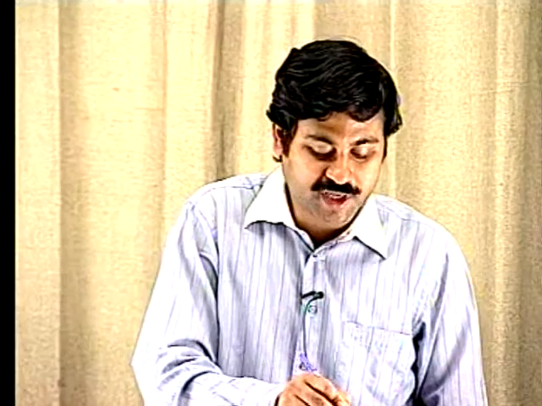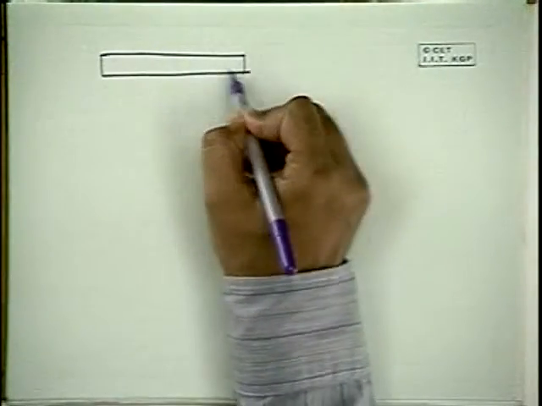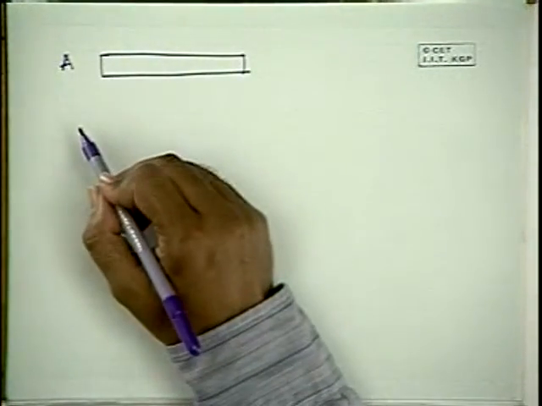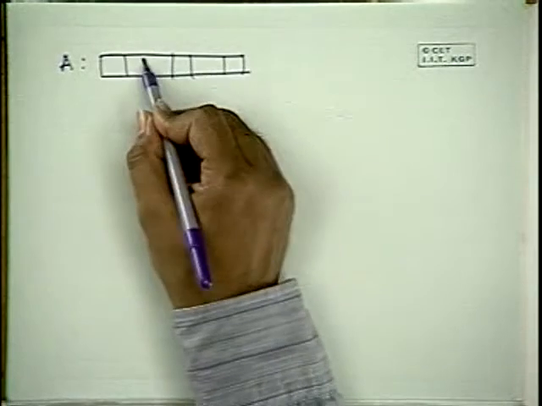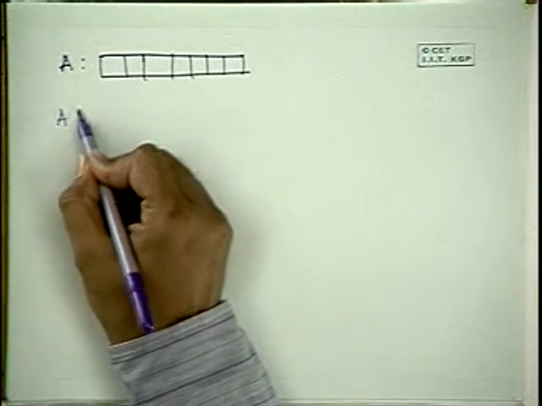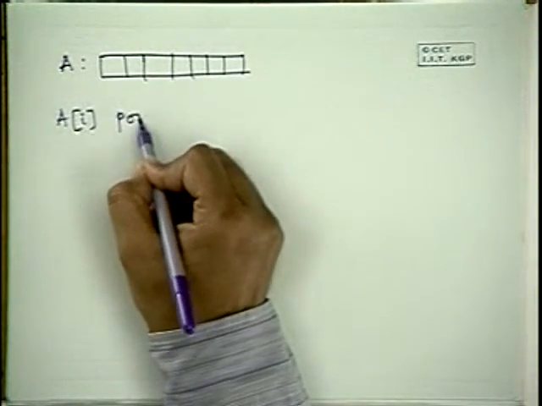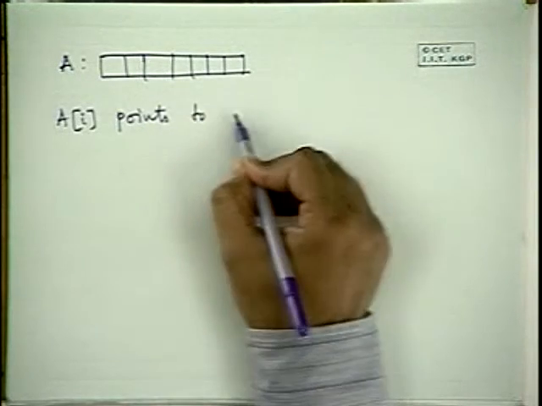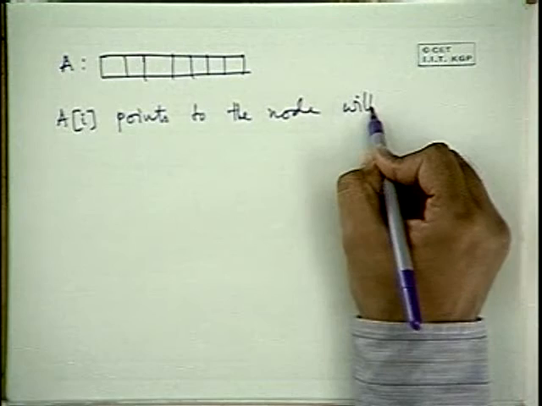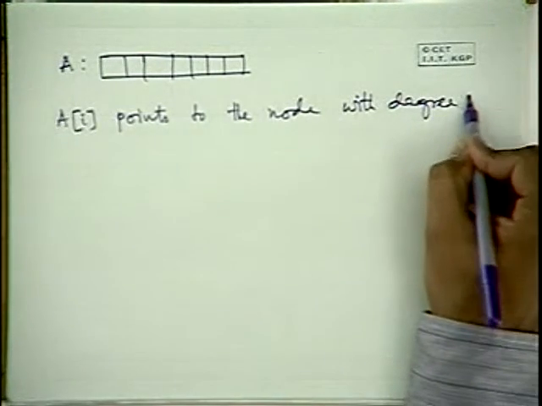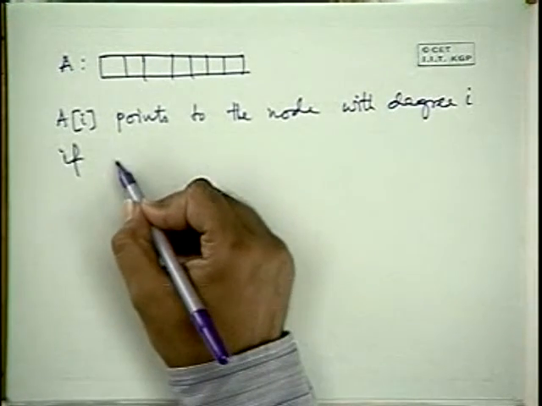Okay, so we use an array A, where, so what is the invariant? A[i] points to the node with degree i, if it is not vacant.